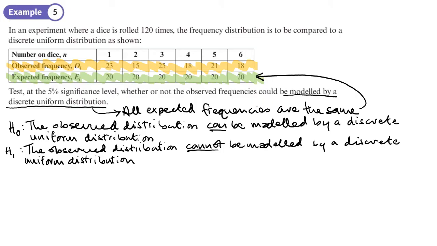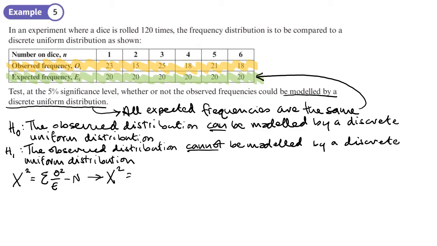Now we're going to calculate x squared using the formula: the sum of the observed squared over the expected, minus n, and we do this for each column. I'm going to write the full calculation out.